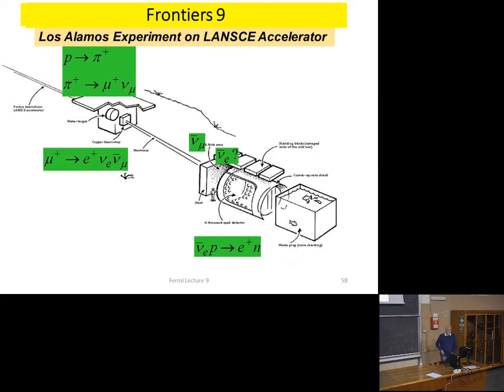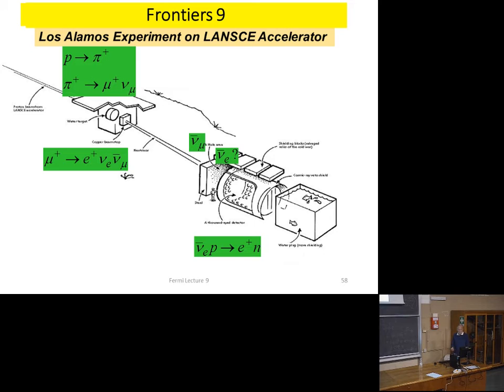So let's talk about this experiment. This experiment is pretty easy to understand conceptually, and I'll show you kind of how it works. This was done first at Los Alamos on the particle accelerator they have there called LANCE. It starts with protons making pions, and the pions decay into a muon and a mu neutrino.